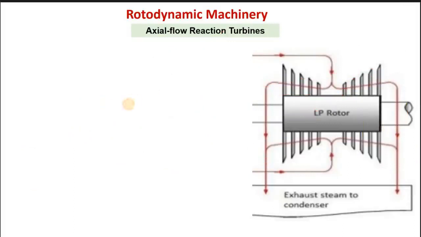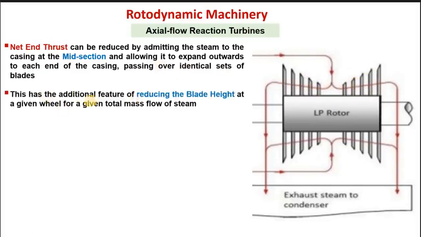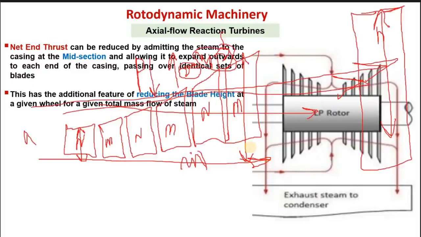So net end thrust can be reduced by admitting the steam to the casing in the midsection and allowing it to expand outwards to each end of the casing, passing over equal sets of blades on both sides. So this has the additional feature of reducing the blade height at a given wheel for a given total mass flow rate. The total mass flow rate is same.